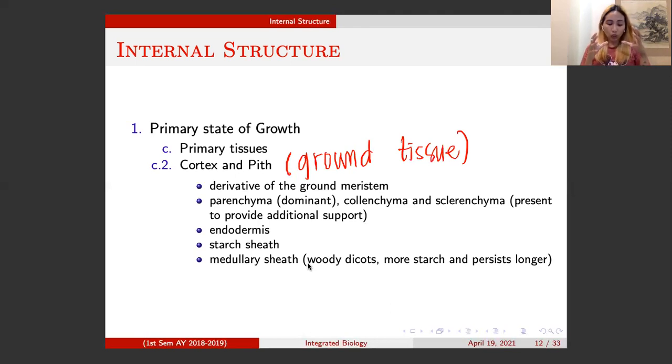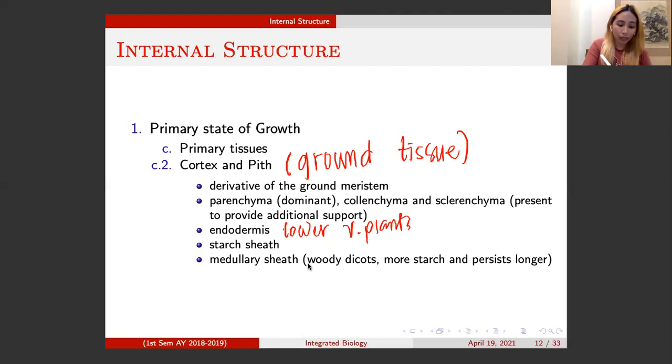So, yung ground tissue ng lower vascular plants, yung outermost layer ng ground tissue is actually specialized into an endodermis. So ulitin lang natin, sa lower vascular plants, right after the epidermis, when you go into the ground tissue, the outermost layer of their ground tissue consists of cells that make up the endodermis.